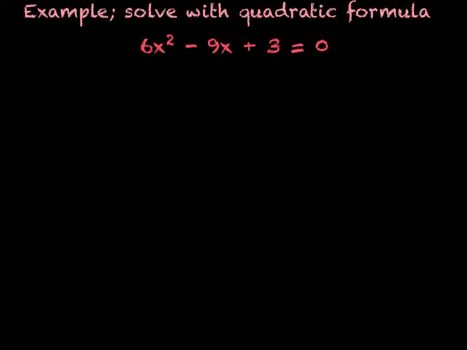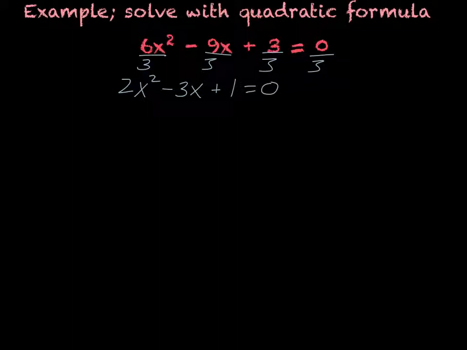Let's actually do a couple examples with the quadratic formula. So this first one, what I notice before I do anything is everything is divisible by 3. So divide by 3, divide by 3, divide by 3, and divide by 3, giving me an equation of 2x squared minus 3x plus 1 equals 0.